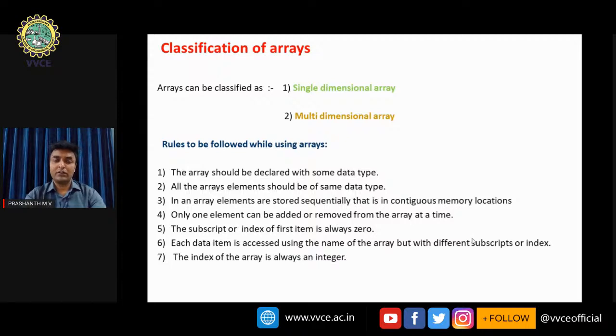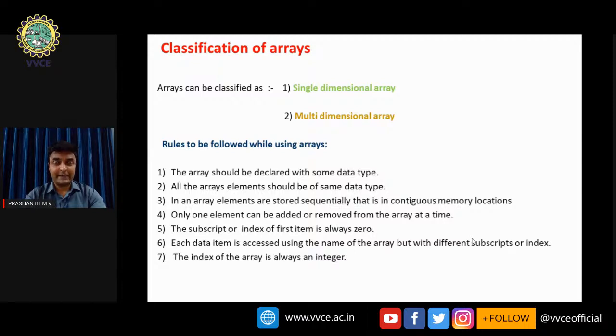Clear? So now we have to follow some rules while using arrays. There are some conditions to use these arrays. What are those conditions? The array should be declared with some data type. That means it should be an integer, or a string, or a character, or a float, or whatever it is, but you need to indicate some data type.